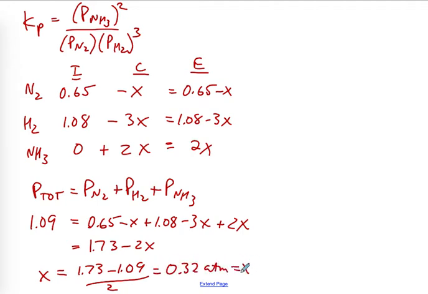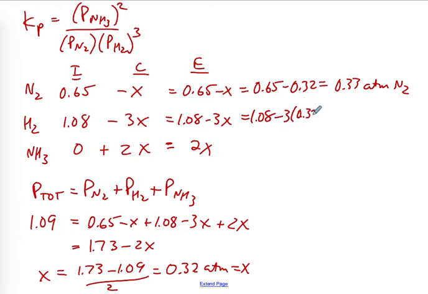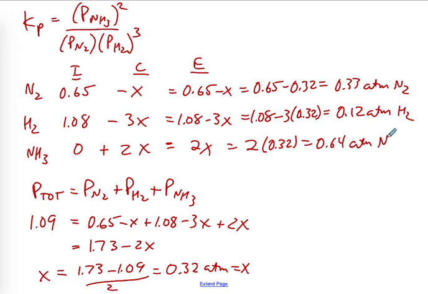Okay? Now I can use this to go back and calculate from the E column my equilibrium partial pressures. So 0.65 minus 0.32 equals 0.33 atmospheres of nitrogen. 1.08 minus 3 times 0.32 equals 0.12 atmospheres of hydrogen. And 2 times 0.32 equals 0.64 atmospheres of ammonia.